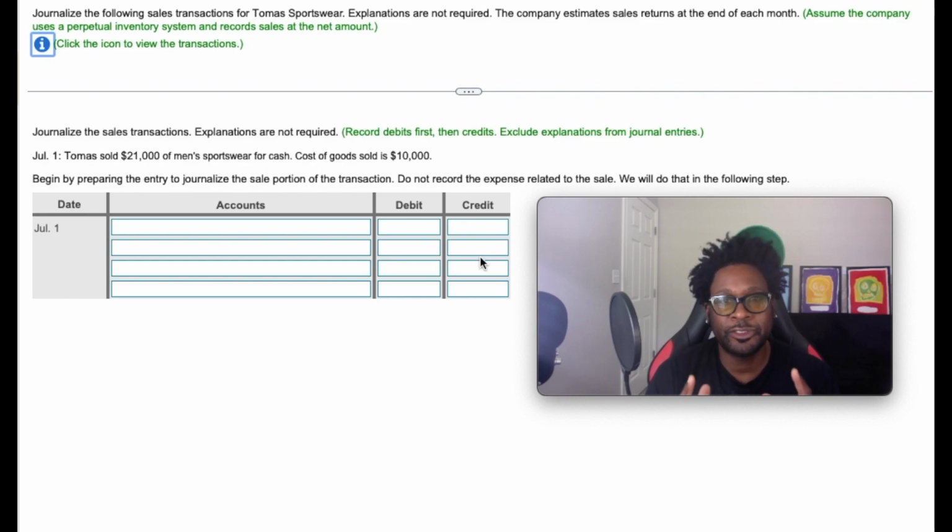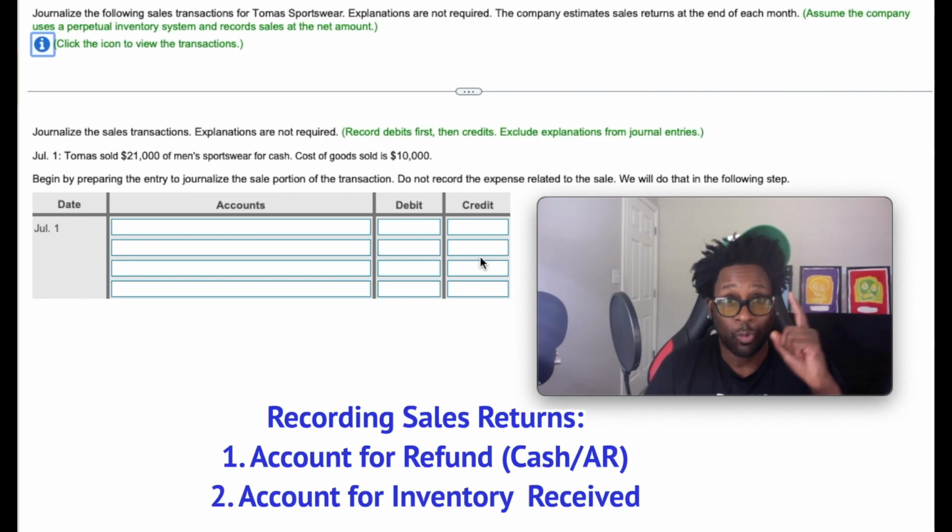And so in reference to the actual sales return, we always have two independent transactions that must be accounted for. One, to account for the actual refund that involves the cash portion, and two, to account for the inventory that is actually being received, gang. Now remember, companies aren't in the business of selling inventory at cost.